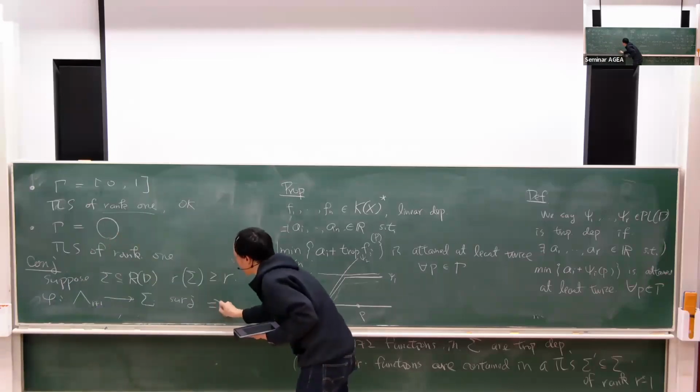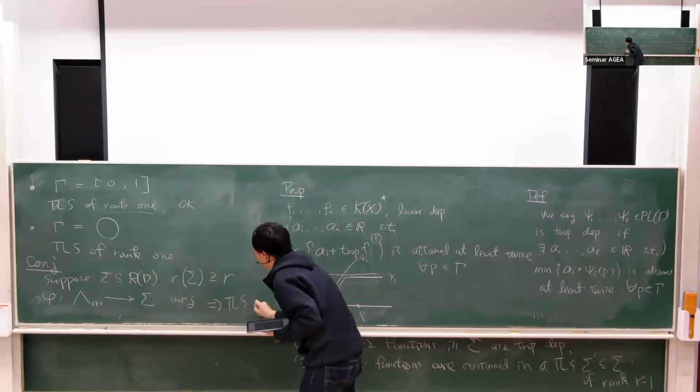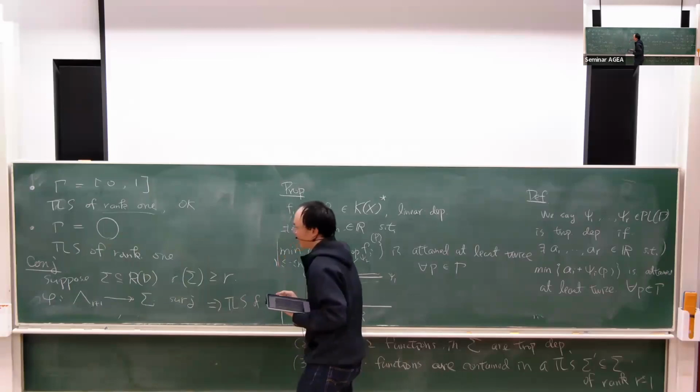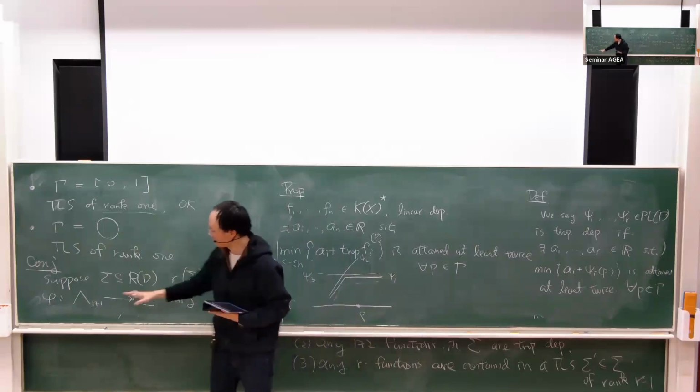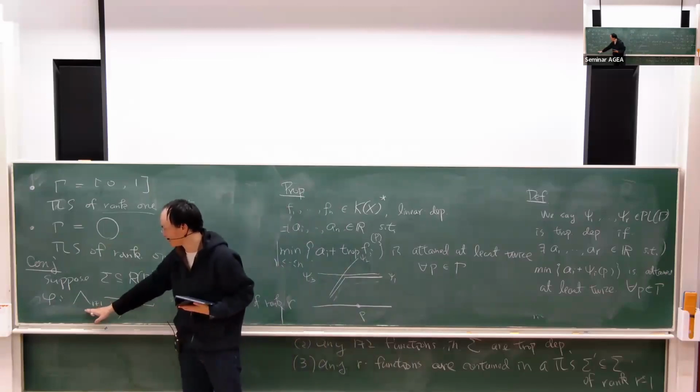Then it is actually a tropical linear series of rank R. Here, this is the tropical linear space of dimension R plus 1.